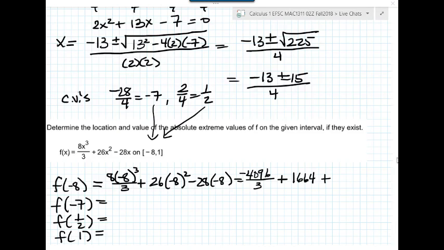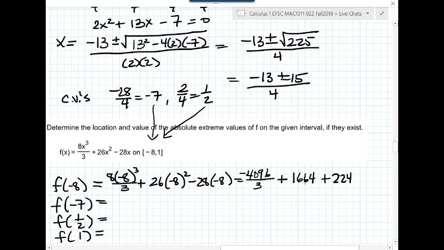Now let's write it out. So we're going to have 8 times negative 8 cubed over 3 plus 26 times negative 8 squared minus 28 times negative 8. That's going to be negative 4,096 over 3.